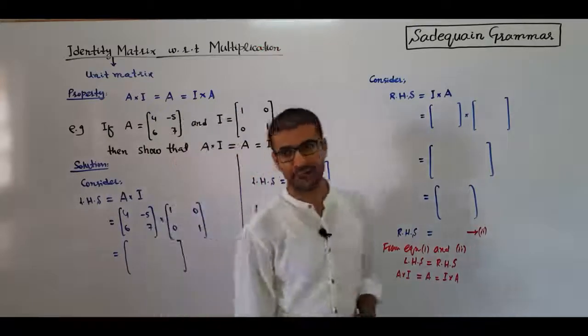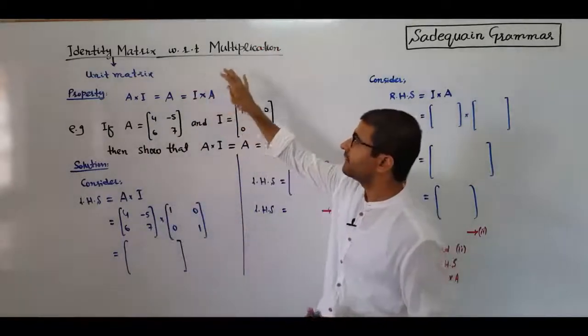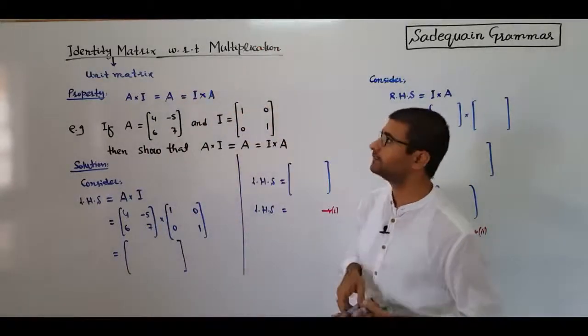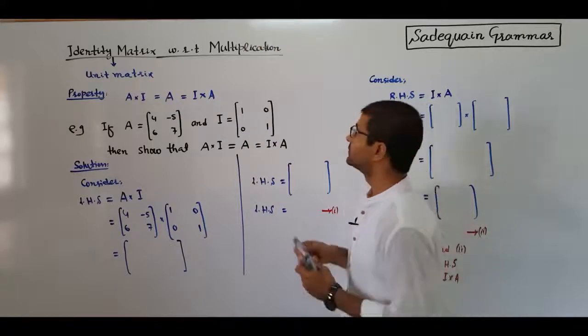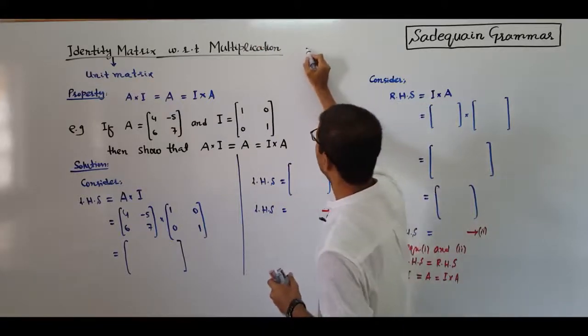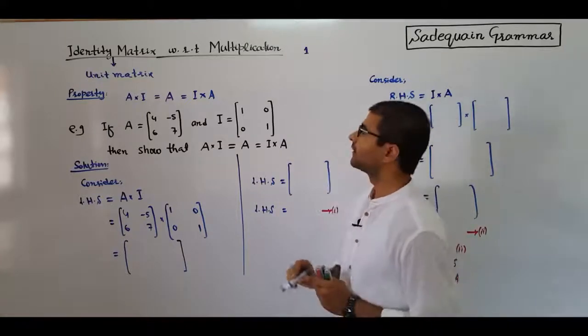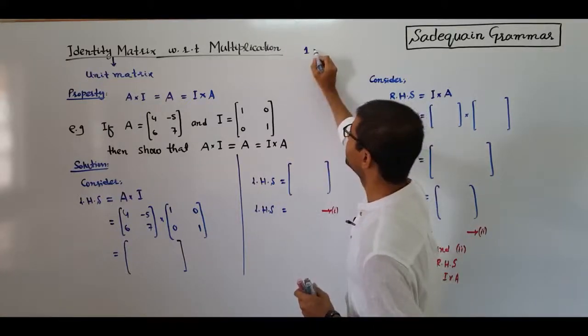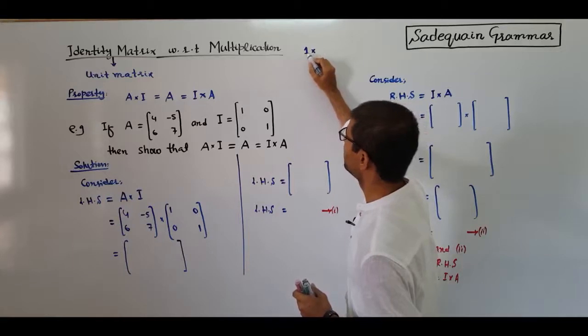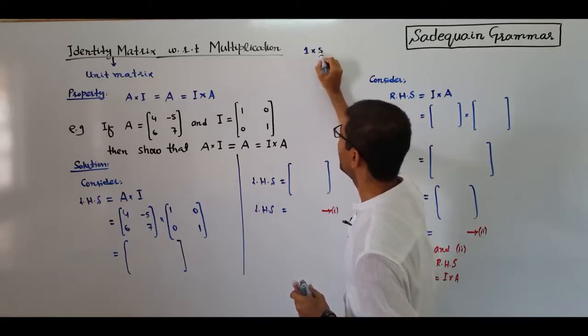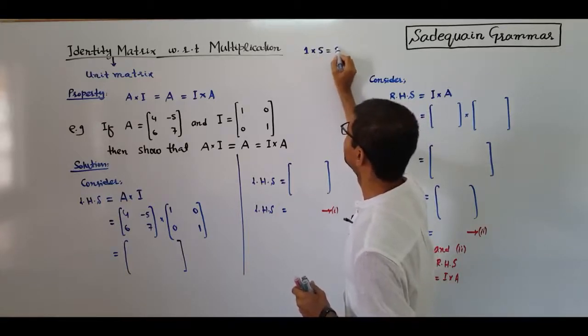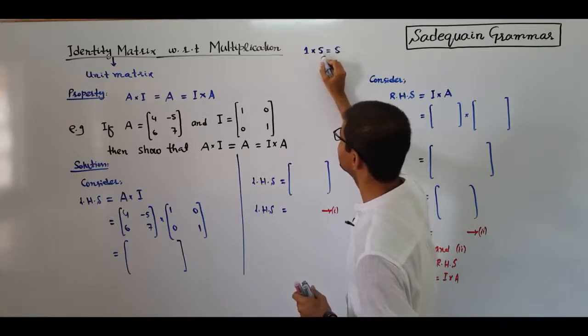Now students, we have the next topic, identity matrix with respect to multiplication. Students, as you know, 1 is the identity number with respect to multiplication. Why? Because when we multiply 1 by any number, the result will remain the same.